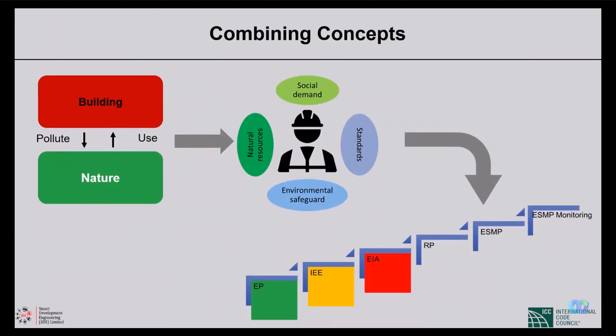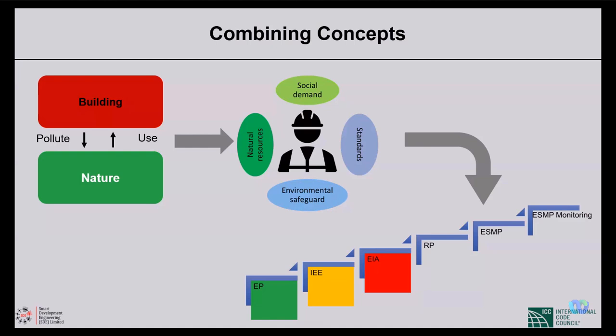So first, the engineer sitting there is looking for social demands, and also has guidelines by the DOE, the BNBC codes, and finally also needs to protect the environment. So building and the natures.